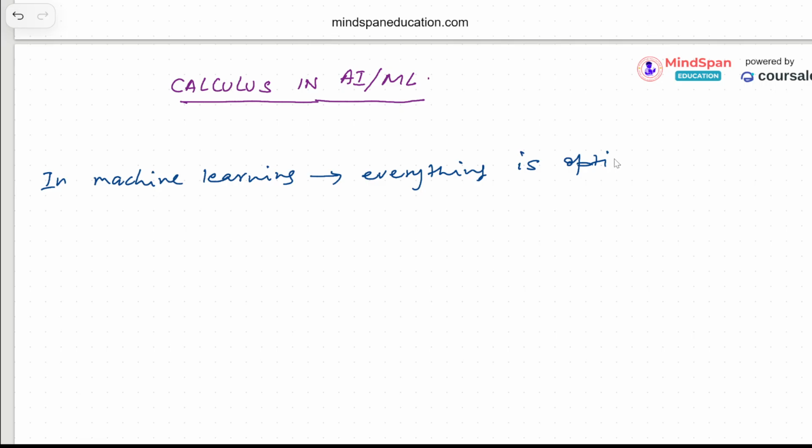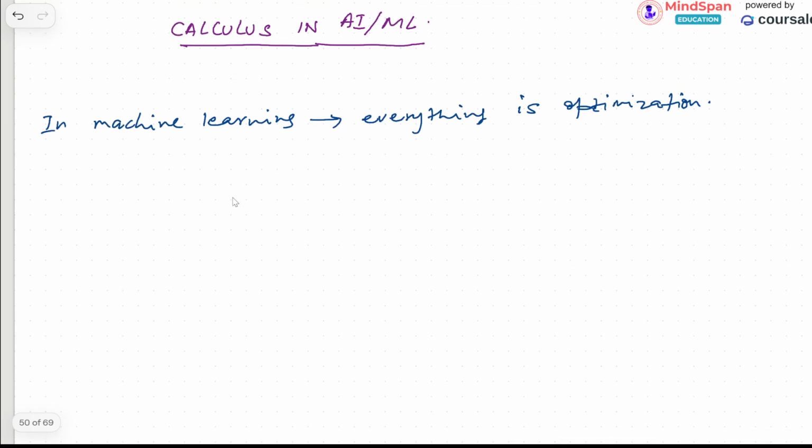We are always trying to minimize the error, or maximize the probability of the best output. Everything is in some way optimization only. Or in other words, we can write that machine learning is equivalent to minimizing error.